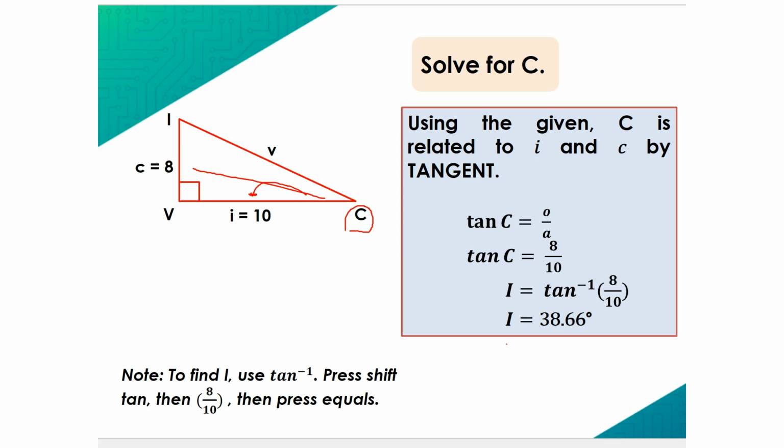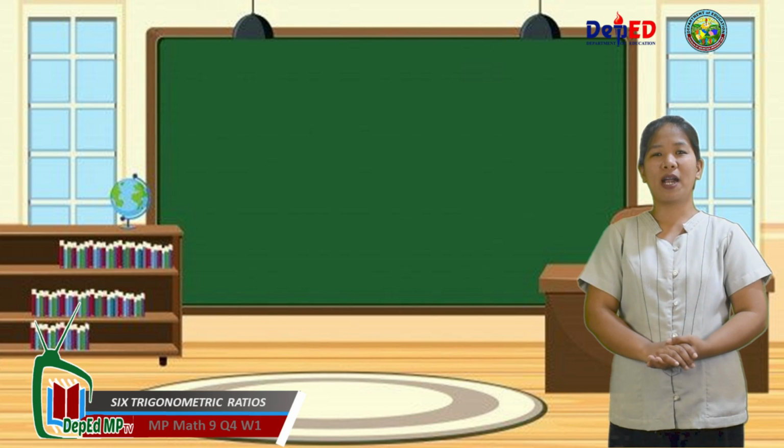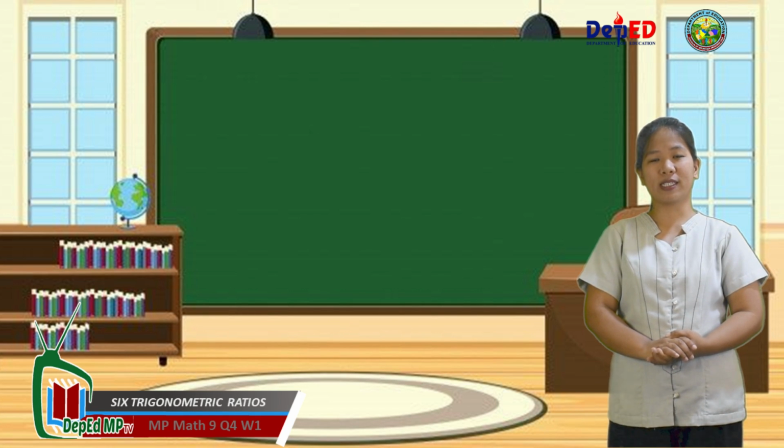Again, we will use a scientific calculator. Press Shift tan and you will see tan raised to negative 1. Then press 8 over 10, then equals, and that will give us 38.66 degrees. Are you now ready to solve right triangles?